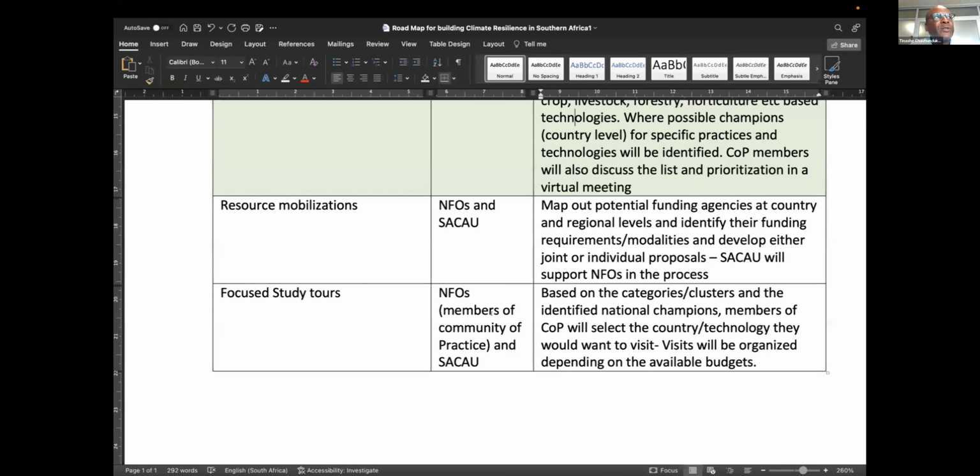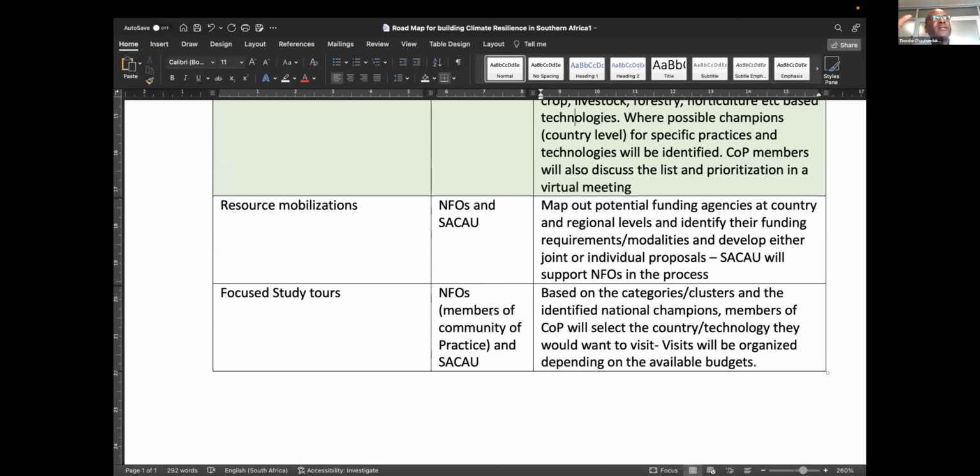And we see that most of the development agencies are actually advocating for consortiums where organizations come together and put a proposal jointly. They prefer that because they know that the impact of working with a consortium is far greater than working with individual organizations. So that is what we will now be seeking to do.